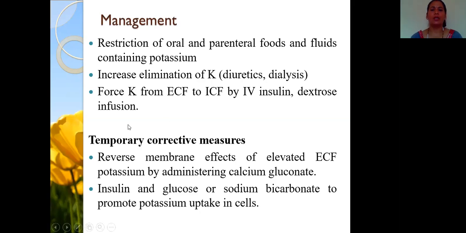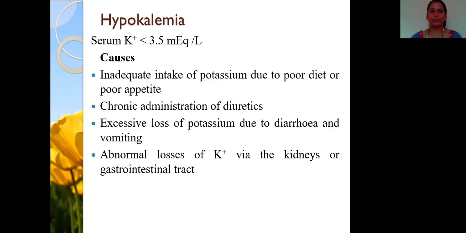For temporary corrective measures or emergency management, we can use the antidote calcium gluconate. It reverses the membrane effect of elevated extracellular fluid potassium. We can also use insulin and glucose or sodium bicarbonate to promote potassium uptake in the cells. These are the temporary corrective measures or emergency measures.